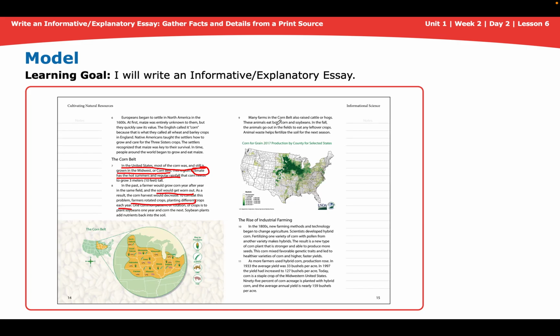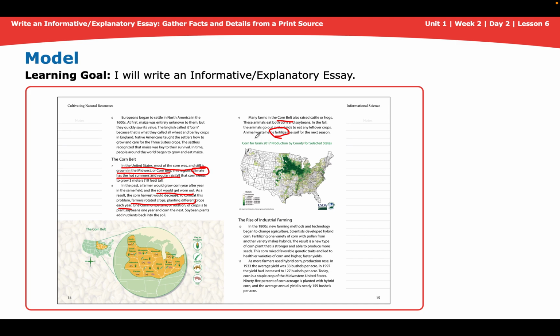Let's keep going. Many farms in the Corn Belt, there's that word again repeated, so we know that's a central idea, also raise cattle or hogs. These animals eat both corn and soybeans. In the fall, the animals go out in the fields to eat any leftover crops. Animal waste helps fertilize the soil for next season. Okay, fertilizing the soil is definitely a key word.